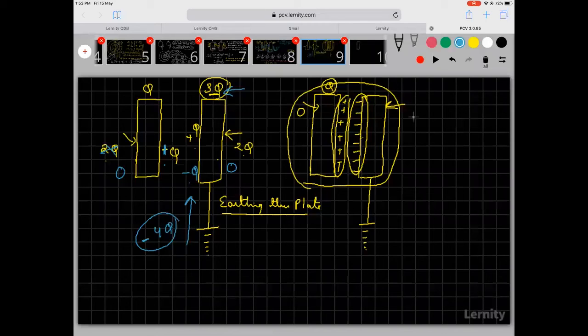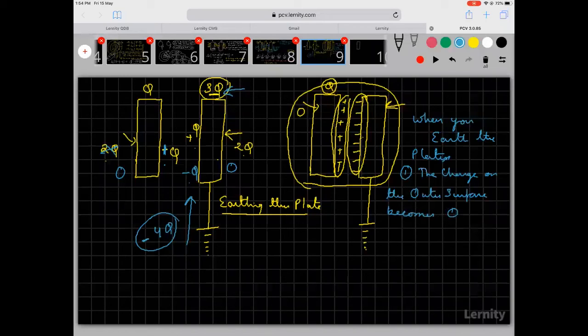So when you earth the plate, plate 1, the charge on the outer surface becomes 0.